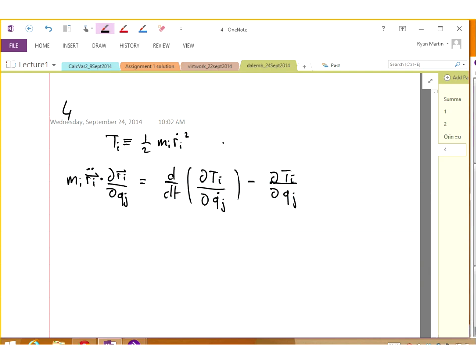And so you may recognize this T_i, and that's the kinetic energy of particle I. Right? r_i dot is d/dt of the position vector of particle I, so it's speed.